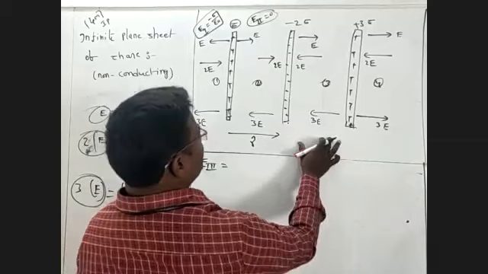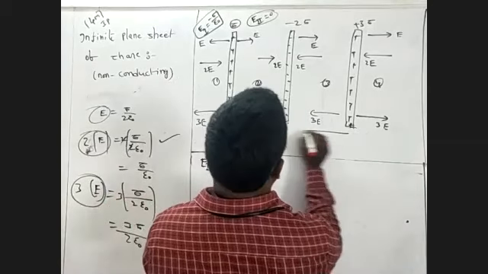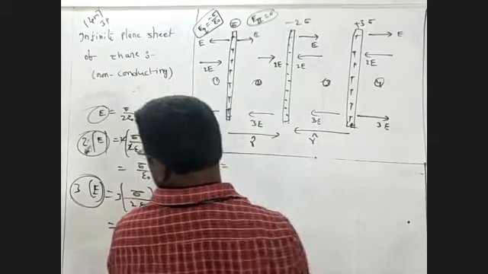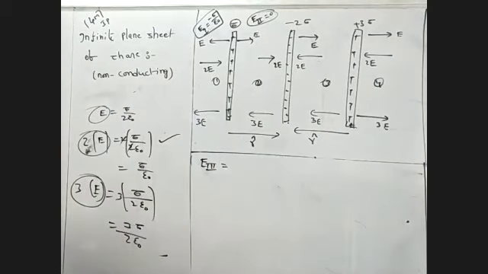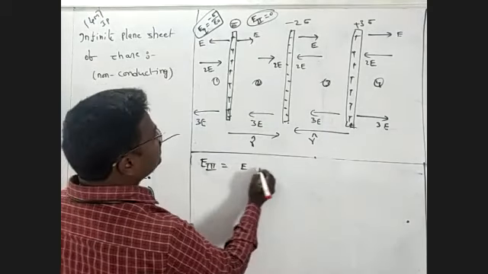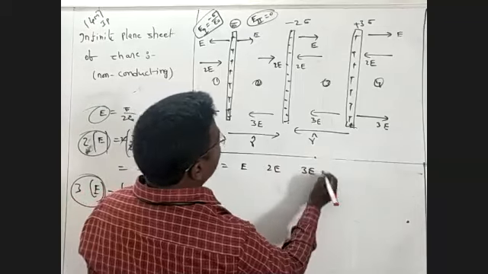Now, the direction of electric field is from positive to negative. In region number 3, we have E, 2E and 3E.